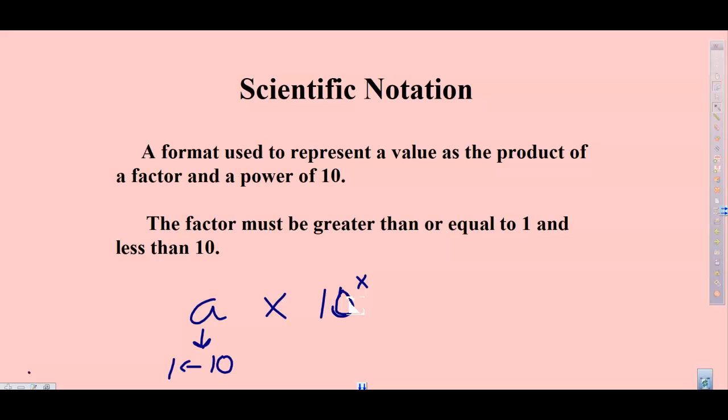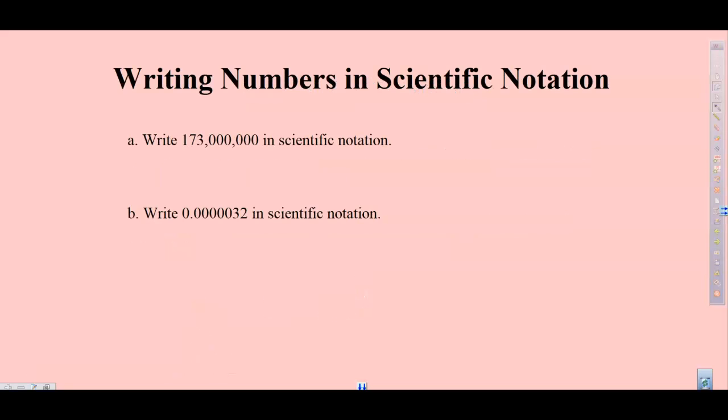All right. Let's do a couple of problems to get more used to this. First, we're going to discuss how we write these quantities or values into scientific notation. So in this first example, we need to change 173 million into scientific notation. Our first step is to figure out what value of 173 million we should have as our first factor.